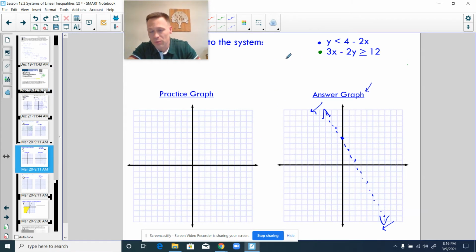Now this one's in standard form, so I'm going to do the x and y intercepts. So my x-intercept. Remember, for an x-intercept, we substitute 0 in for y. So I'm left with 3x is greater than or equal to 12, divide by 3, divide by 3. I get x is greater than or equal to 4. The thing about this is that the inequality symbol really is not what I'm using here in order to find my x-intercept.